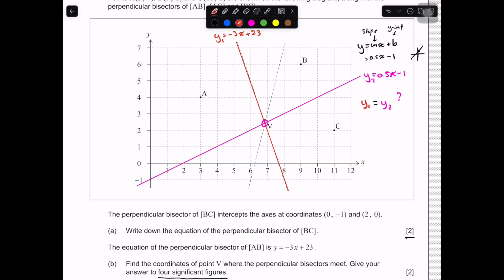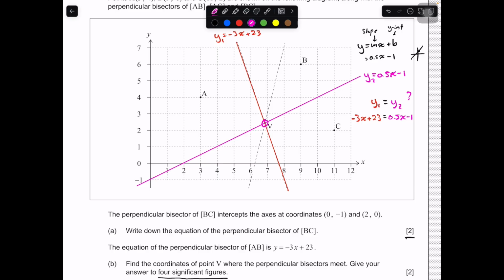So what we could do is set up an equation. Let's go ahead and fill this out a little more. y1 is equal to -3x plus 23, and y2 is equal to 0.5x minus 1. So essentially they meet when they are equal to each other.